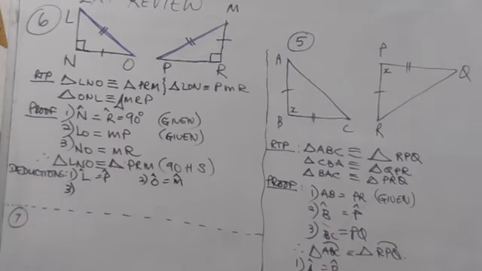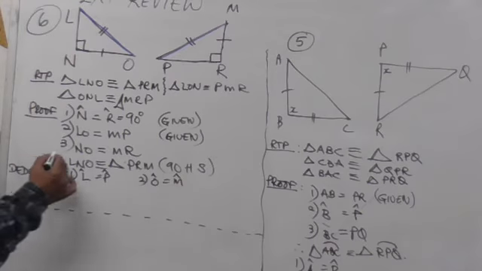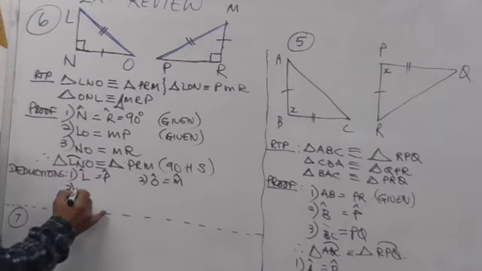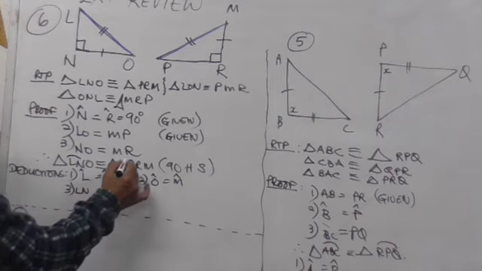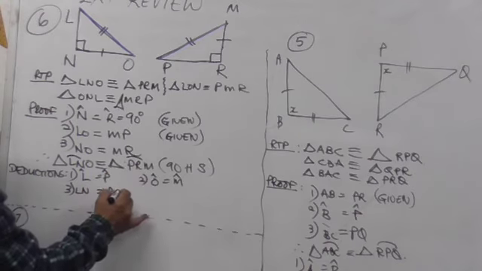Number 3. The sides. From the diagram you can see that that side and this side are already used. So the only remaining deduction will be that this side, LN, is equal to PR. But you can see it here too. The first two, LN is equal to PR.